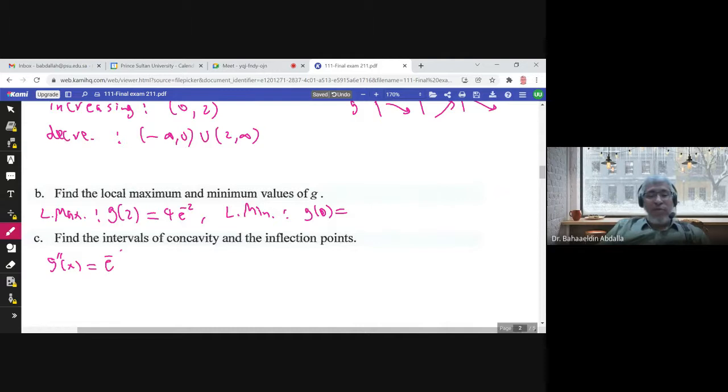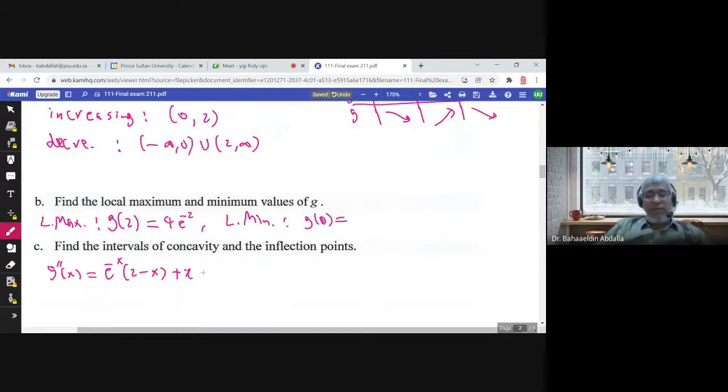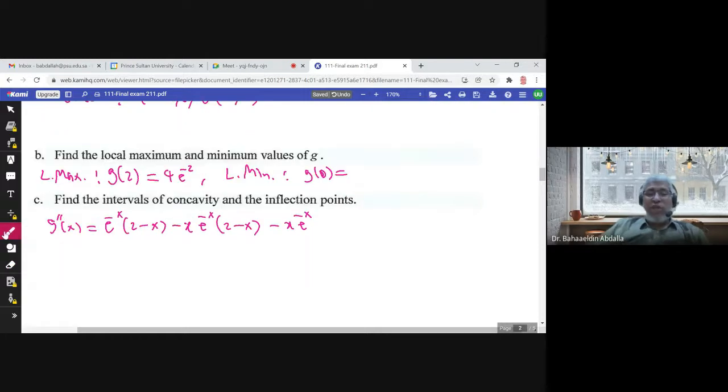So I have e to the power negative x times 2 minus x, plus x times the derivative of e to the power negative x, which is e to the power negative x times negative 1. So I'll make this negative times 2 minus x, plus x times e to the power negative x times the derivative of 2 minus x, which is negative 1. So again, this would be negative. So this is g double prime.